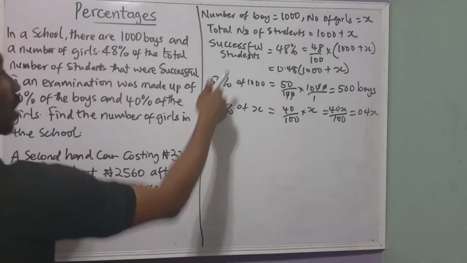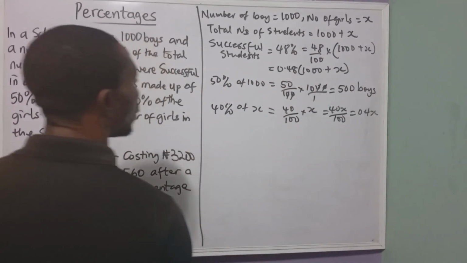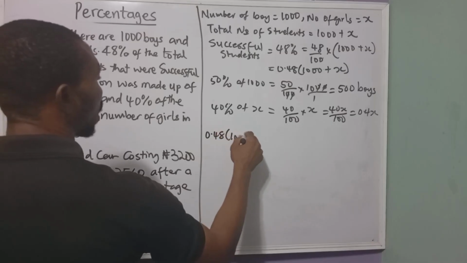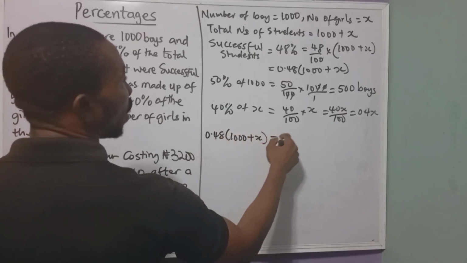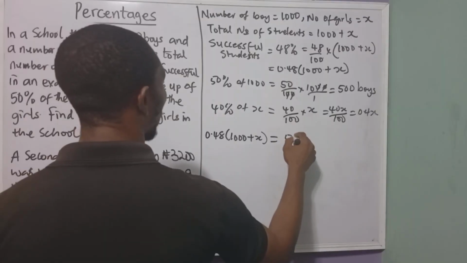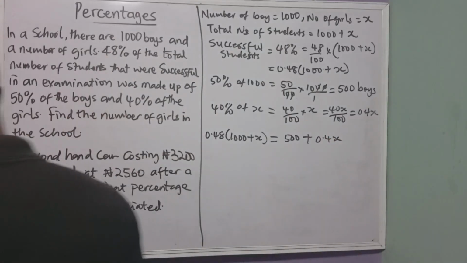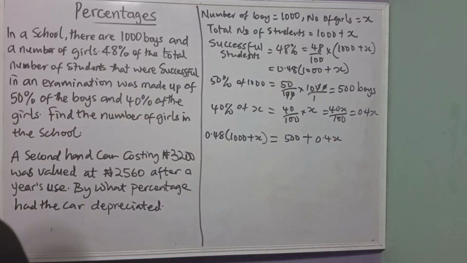Now equating the successful students, which is 0.48 times 1000 plus x equals 500 boys plus 0.4x of girls.